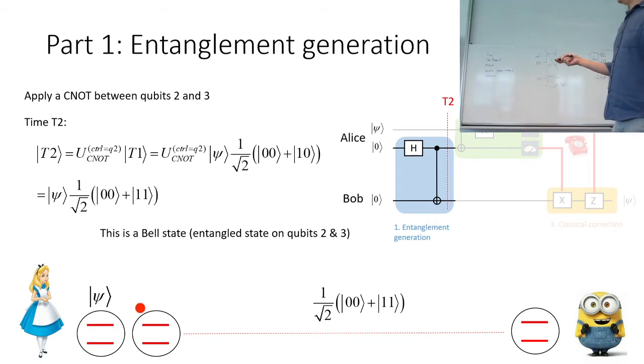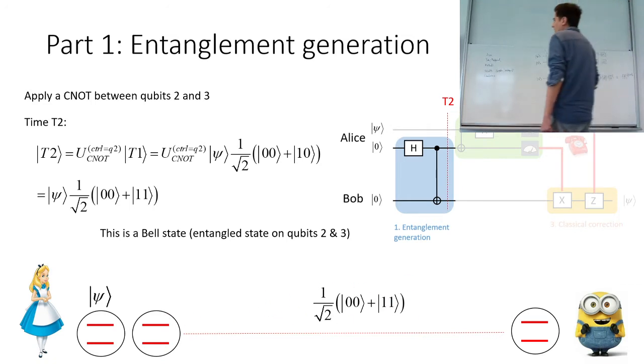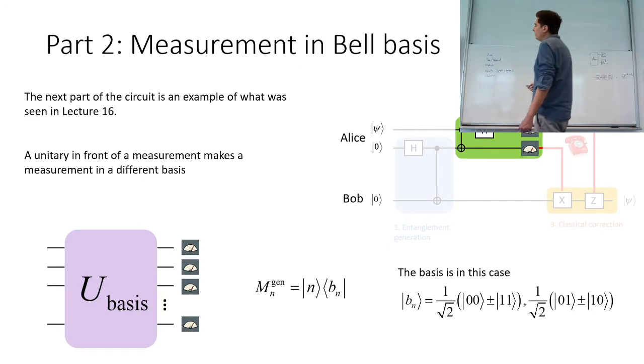Pictorially, after this blue block Alice still has her original state, and we've got these two qubits that are in this entangled state.